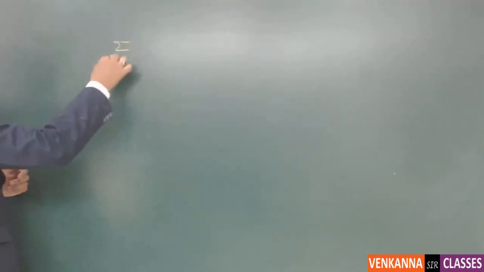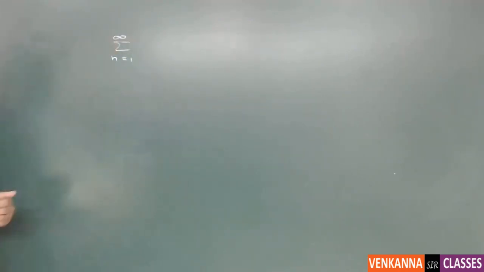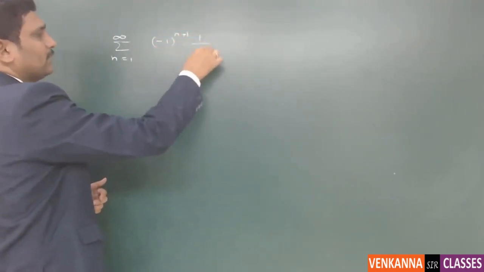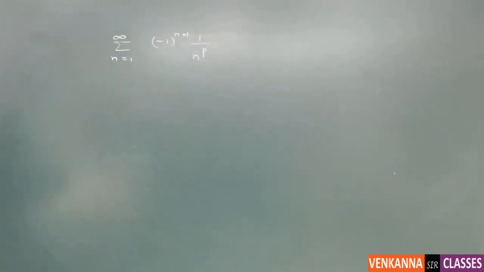Now, let us take the problem: summation n equal to 1 to infinity, minus 1 whole power n plus 1 into 1 by n power p. This is the problem given.